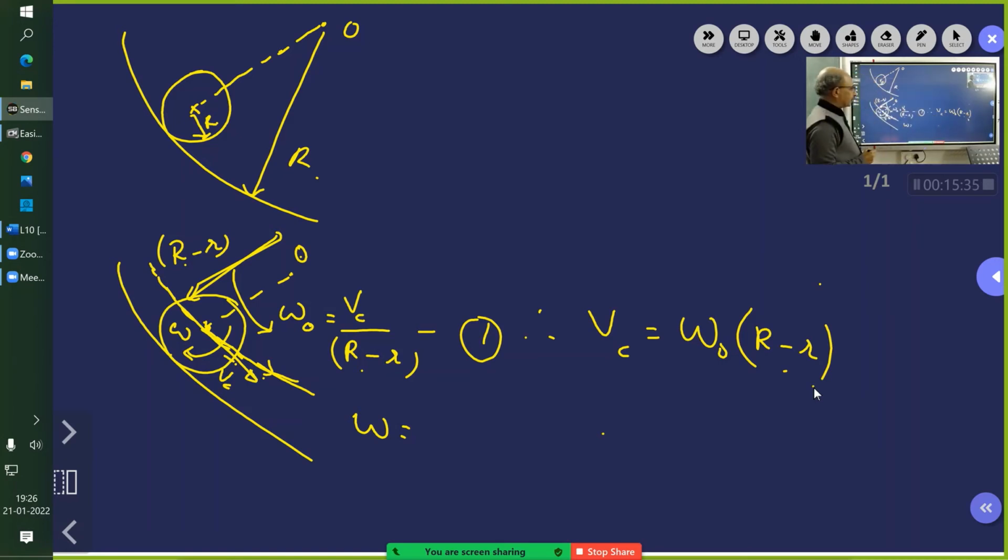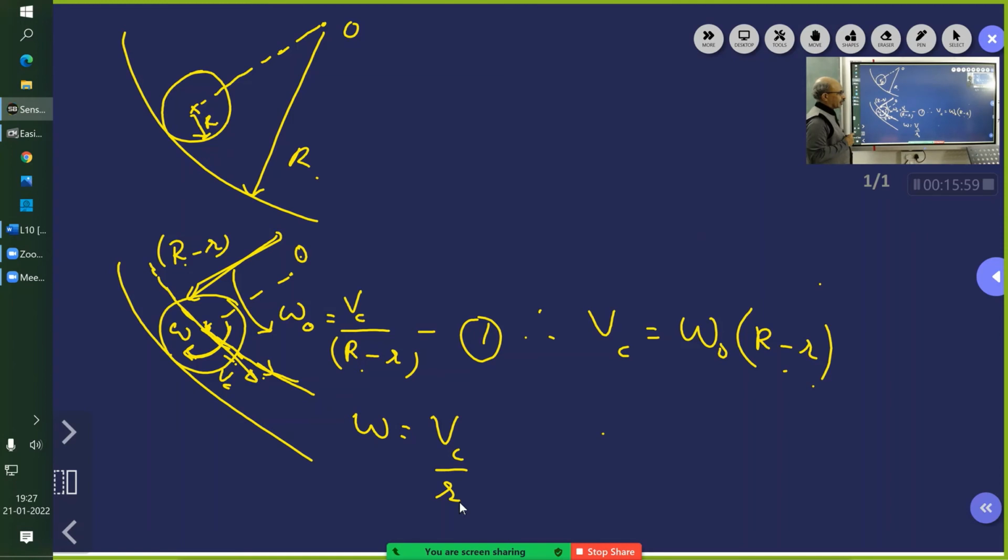Now you should find the omega of the disk. If you know Vc and assume this is omega, and this radius is small r, you find out that it is simply Vc by r.